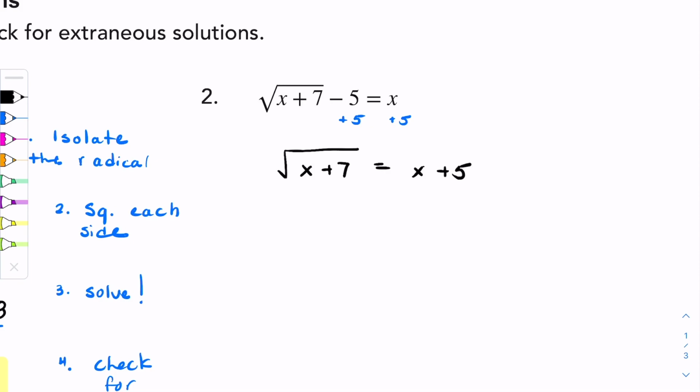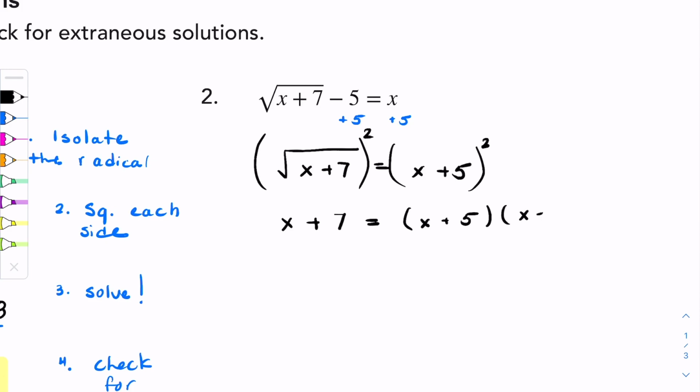After you isolate the radical, step 2 is to square both sides. On the left side, if you square a square root, you're left with x plus 7. On the right side, x plus 5 squared is the same as x plus 5 times x plus 5.